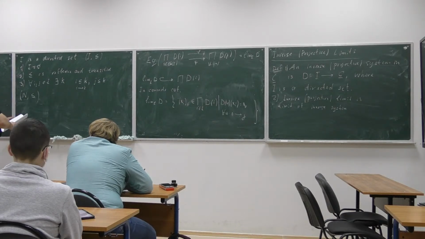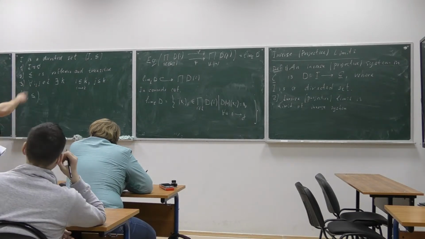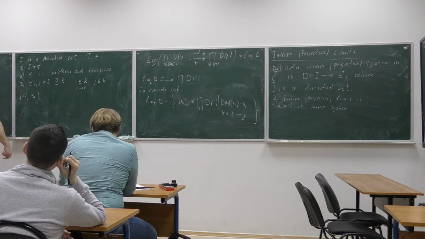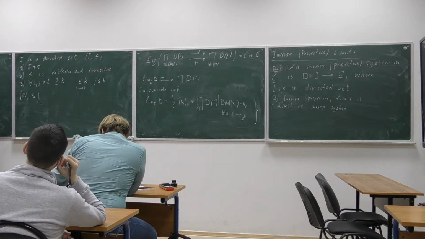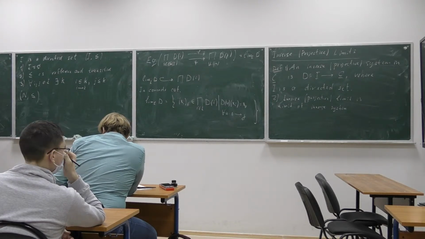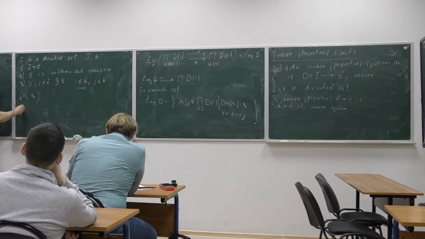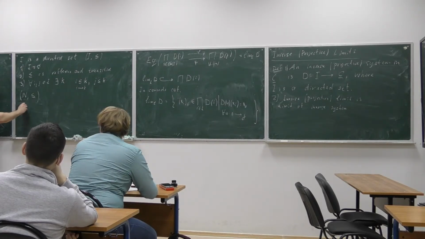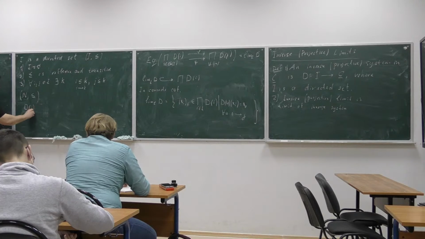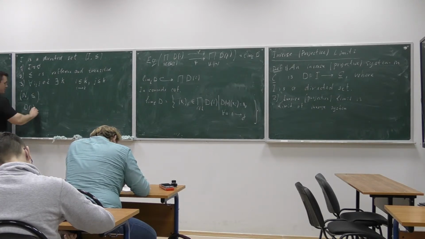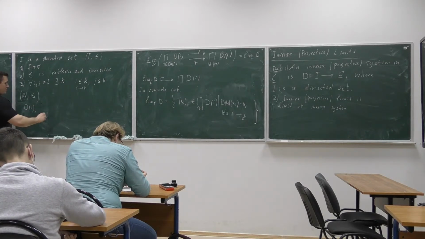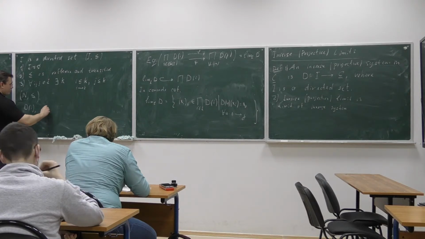Okay. Yeah, and I also wanted to say what it means to have an inverse or projective system explicitly if you have this definition. Well, it's very easy. You have a family of objects, and for two objects you have maps.